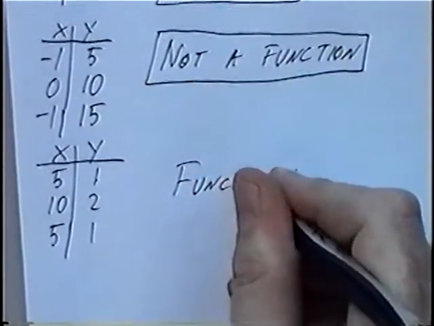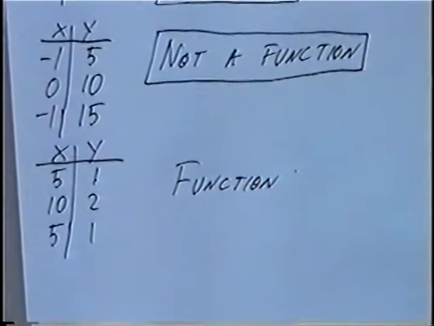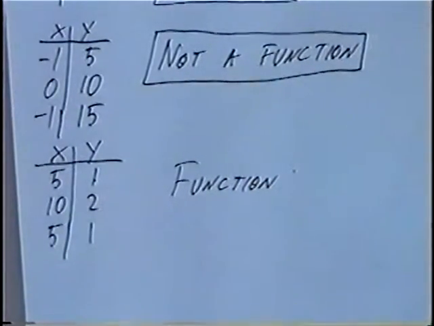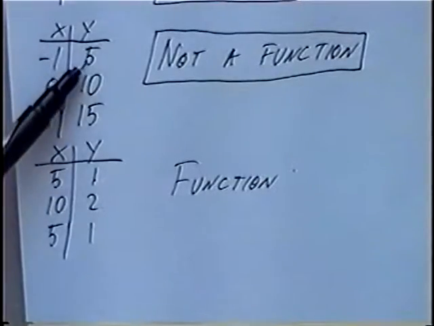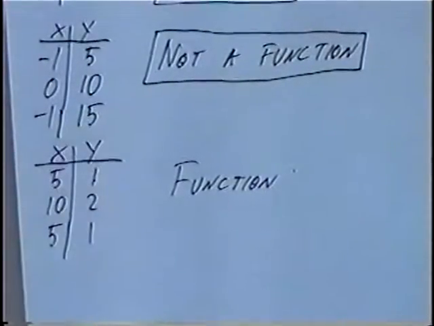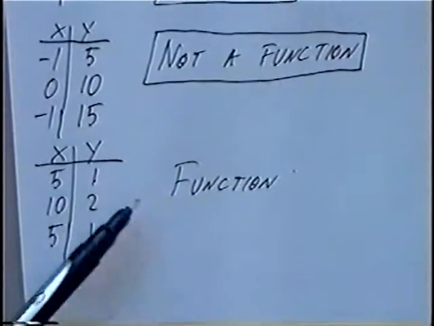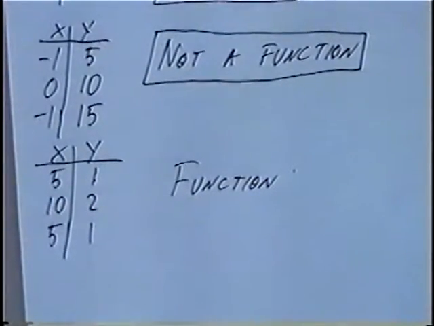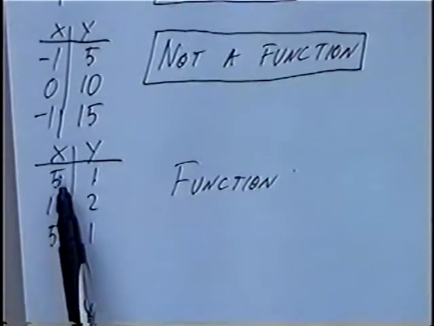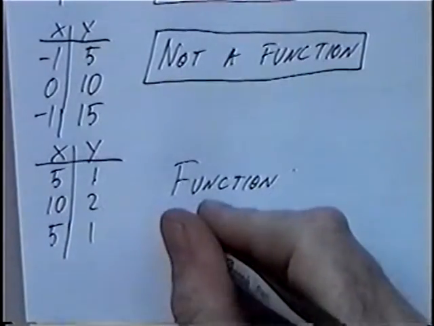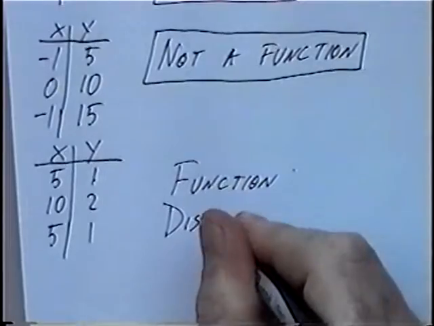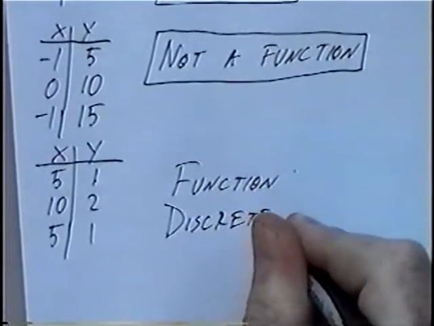It's still one-to-one and is still a function. So repeating x values with different y values makes it not a function. But if repeating x values have the same y value, it's still a function. Looking at the t-chart or xy table, there's 3 points. If you can count up the number of points, it is always discrete.